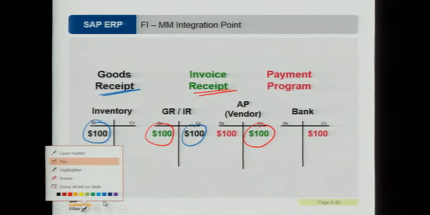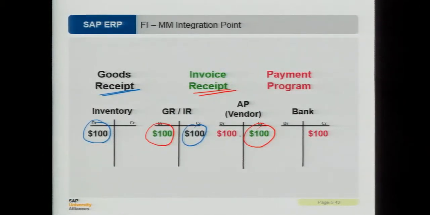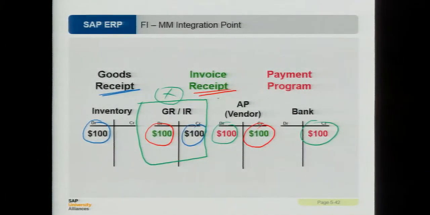And then when we eventually pay, I should select green now. Actually this amount is debited, account payable is debited, and bank is credited. So the eventual effect is that the GRIR was a temporary account, it's out of the picture. Accounts payable was actually a subsidiary account, so we have paid them, so it's also cleared.